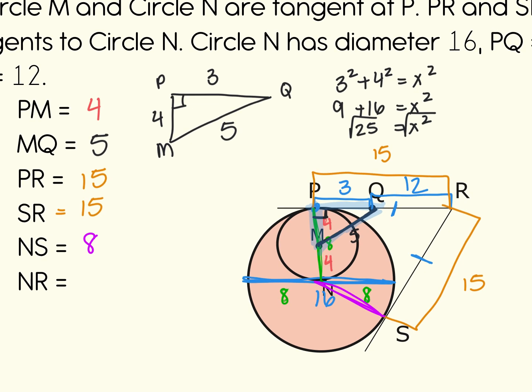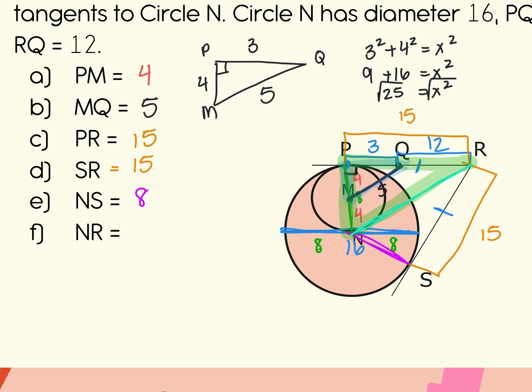So again, another one that we have to find. Look at how I'm finding NR. NR is from here all the way across. I did it in that bright blue color. So again, I'm going to highlight what I have to try and find. I'm highlighting it in green. Here again is another right triangle. I'm going to go ahead and draw it.